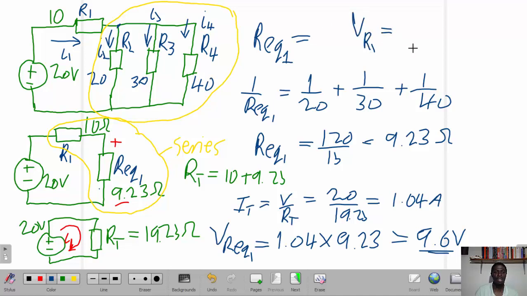VR1 is therefore equal to current times resistance. So 1.04 times the resistance, which is 10 ohms, and this gives us 10.4 volts. Okay, 10.4 volts. So we've found all the values for this circuit, and we are done with this circuit.